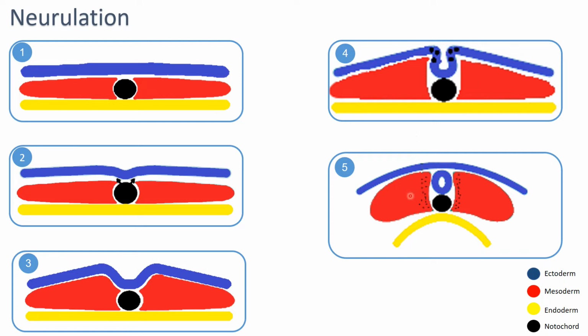And remember these little black specks we spoke about on the crests of the neural folds that come away or detach and form a new cell population? Those were the neural crest cells.